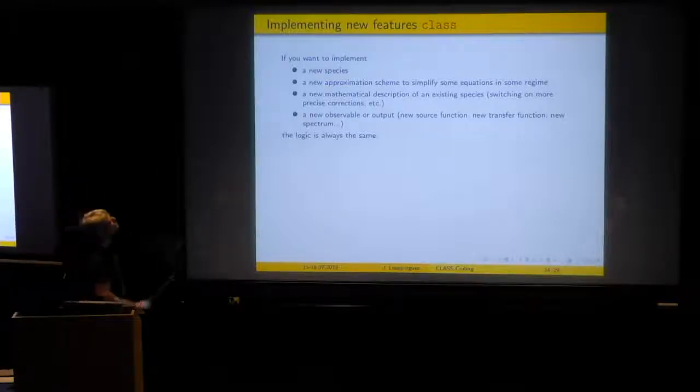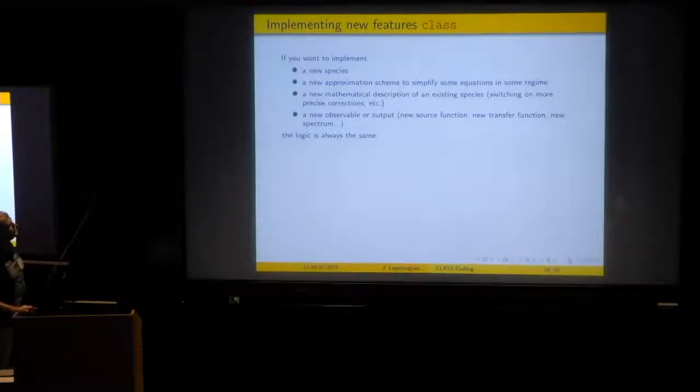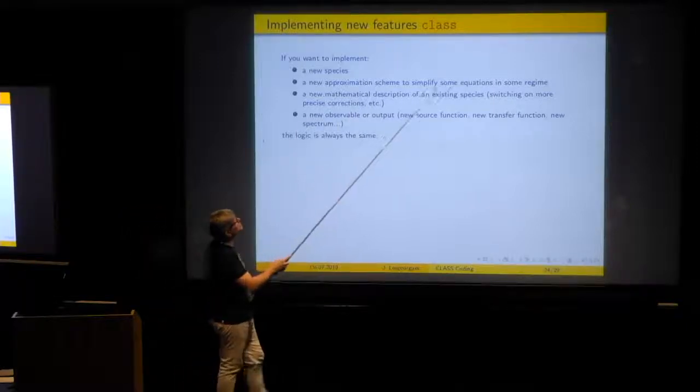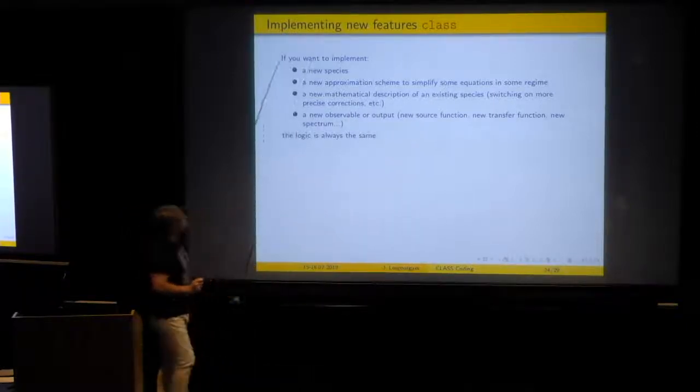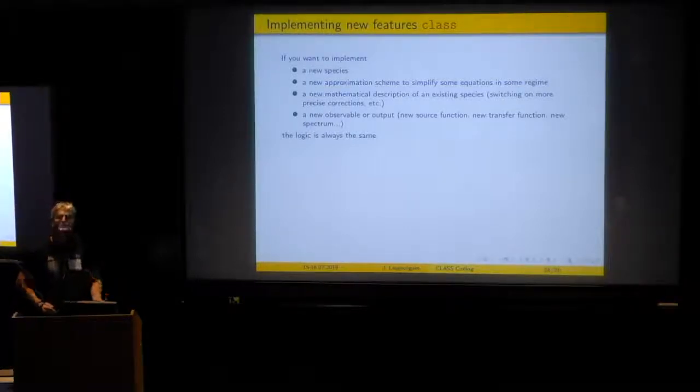When I say implement a new feature, I mean you want a new matter species, or maybe, and this was your question before, you want to implement a new approximation scheme, or maybe a new mathematical description of an existing species, switching on more precise corrections, etc. Well, it's very badly written. So you want still to use the same species, but with different equations. Okay.